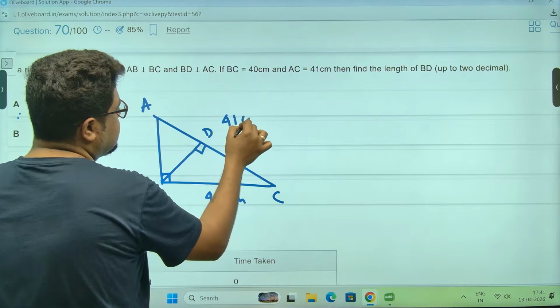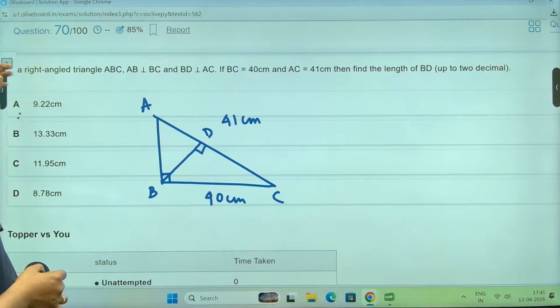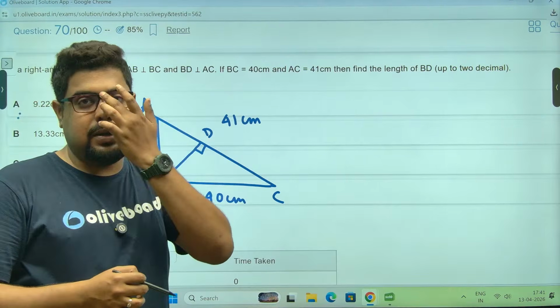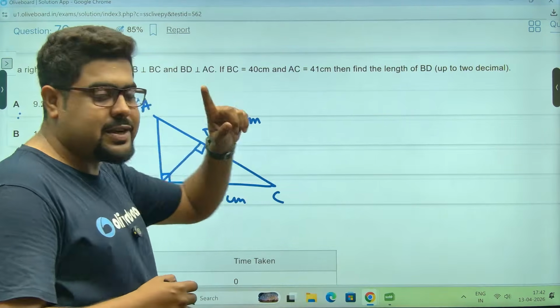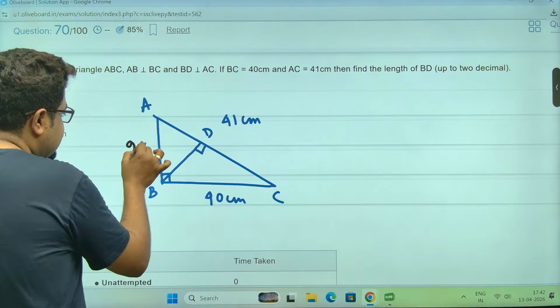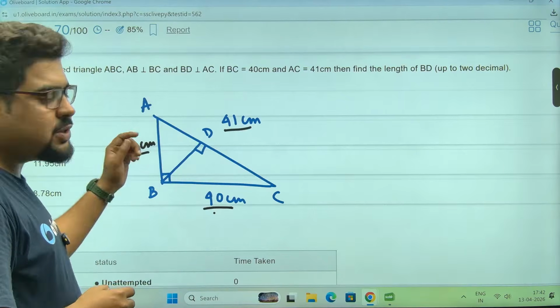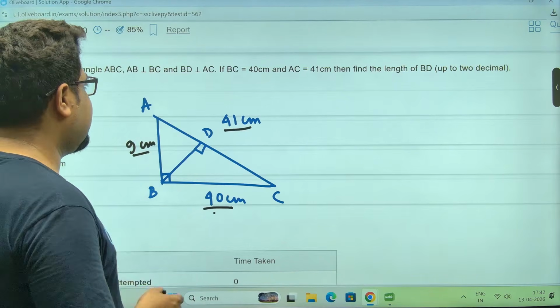AC is 41 centimeters. Now again, many people will miss this because this is not a very common triplet. 40 and 41 is a part of a triplet, so the other part is 9. 9, 40, 41 is a triplet. You must know this.